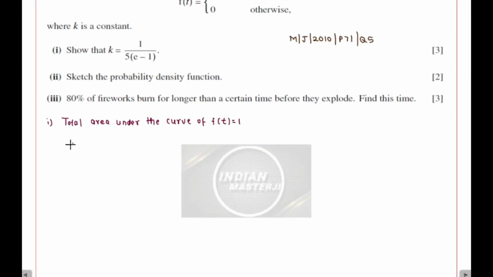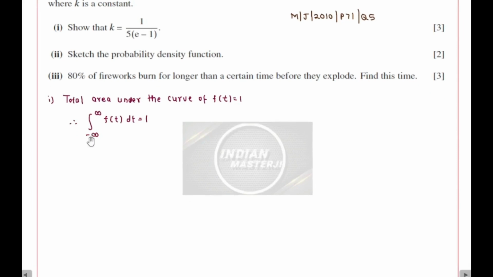Correct? So therefore can I say that because the total area under the curve is equal to 1, I can find out the area using the integration. So I'll integrate the area of f of t under the graph of f of t and I will equate it to 1. So I'm integrating this f of t for all the real values of t.